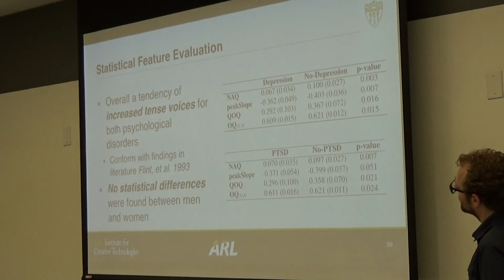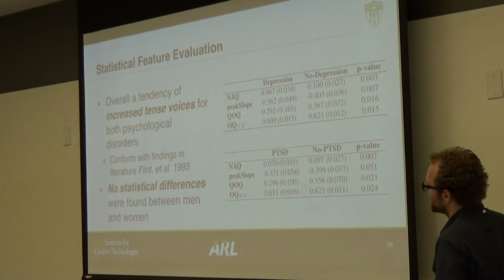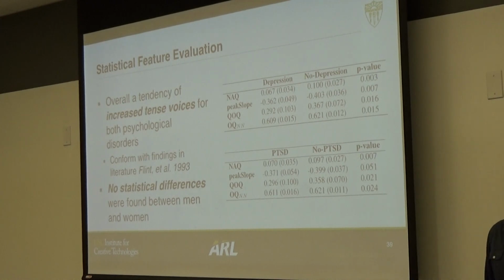We also didn't see any statistical differences between males and females, which is very interesting because, as you can remember, prosodic measures like fundamental frequency are quite dependent on gender differences. These measures are not so much.